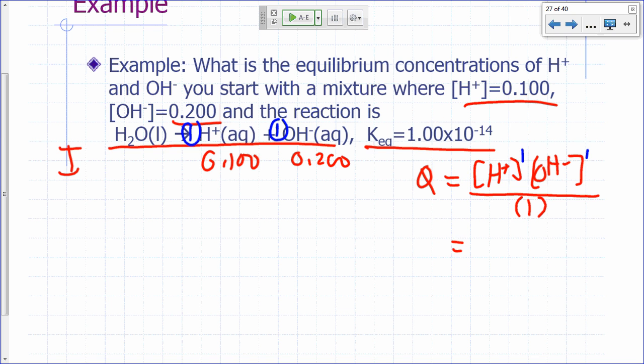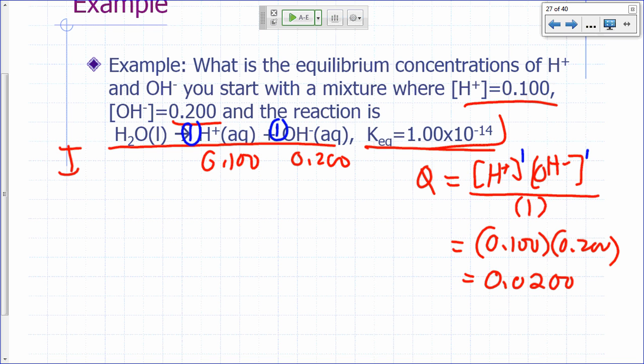So H plus is 0.1, hydroxide is 0.20. What's our Q? 0.1 times 0.2 is 0.0200. Is that less than or greater than KEQ? Compare that to 1 times 10 to the negative 14.